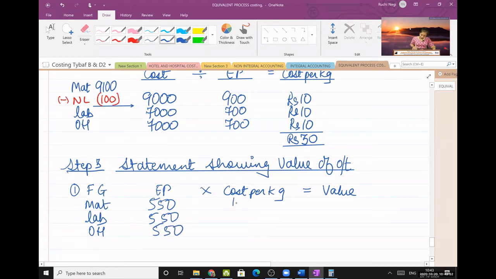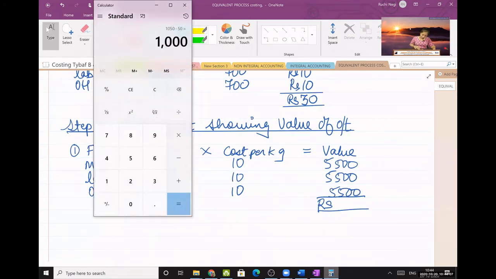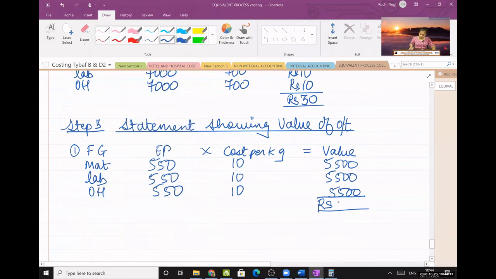Cost price is 10, 10, 10. 5,500, 5,500, 5,500. Total it. 5,500 into 3 is how much? 16,500.